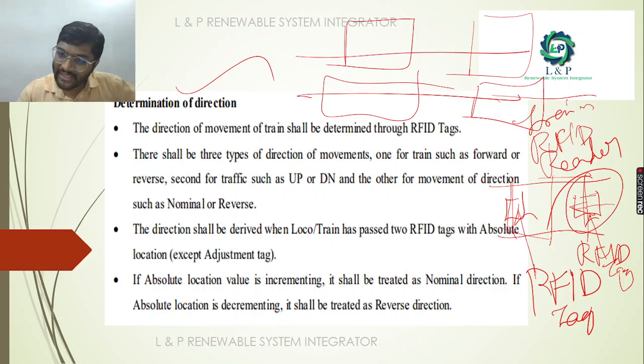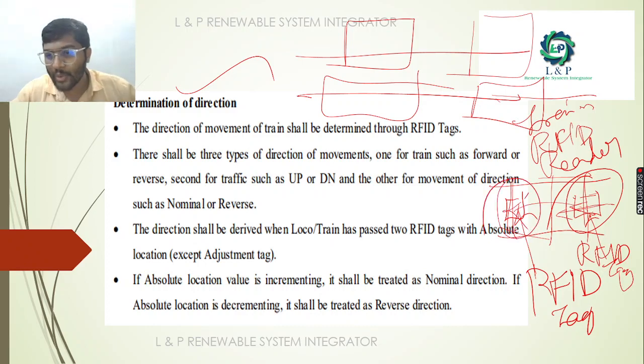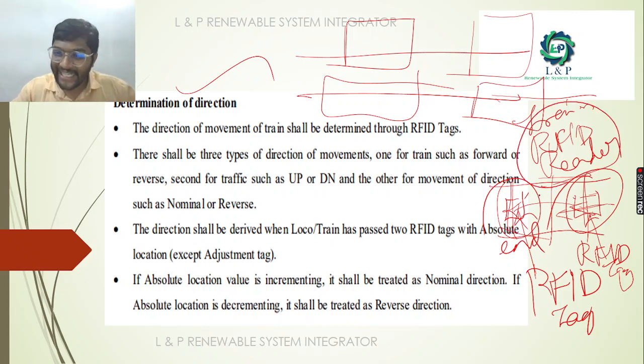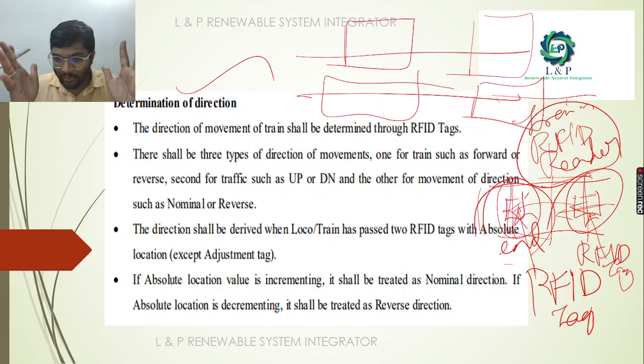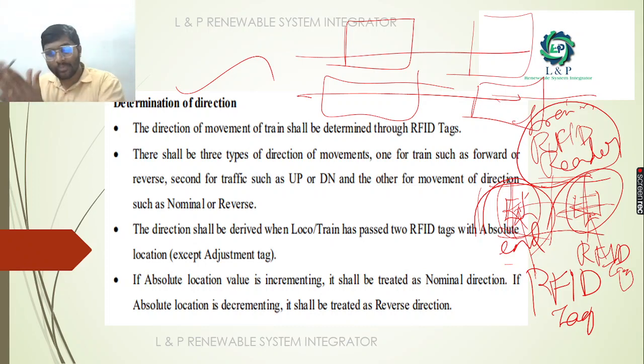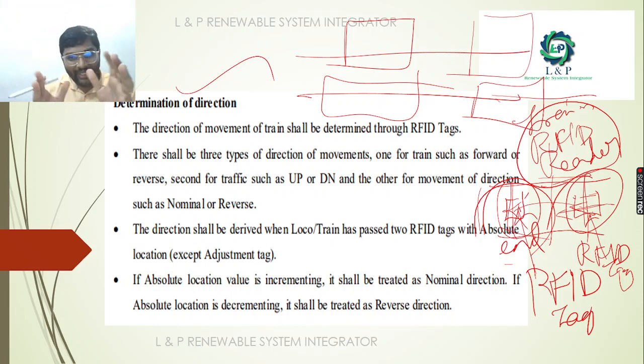When it is crossing through another tag also, we will come to a conclusion that the train has crossed through. If the ending point of the train is read, that is, the RFID reader is reading the RFID tag which is present here, we can come to a conclusion that the train has passed through that concerned junction or location. With the help of that we can determine the direction of the movement.